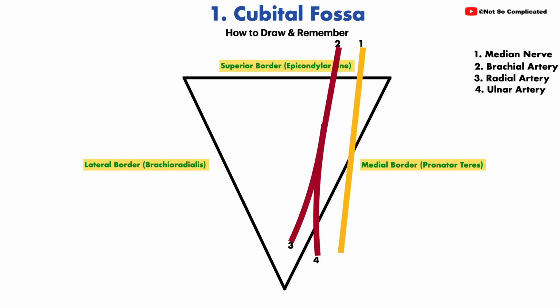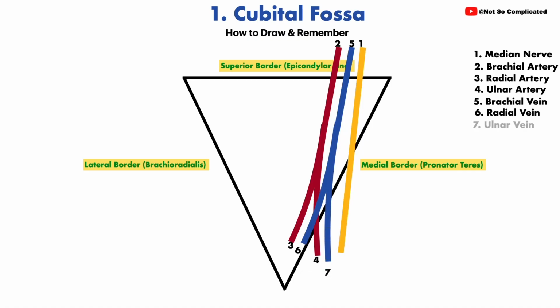All right, so that will form the ulnar artery, and along with this brachial artery there is a brachial vein like this, and that will also branch into 2 different veins, and this will make the radial vein, and this right here will make the ulnar vein.